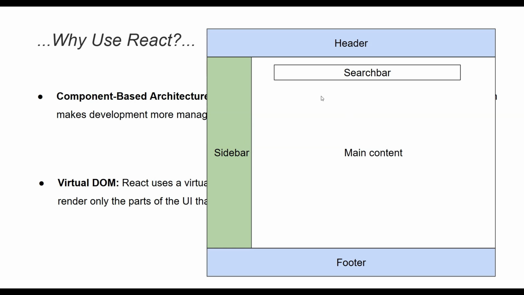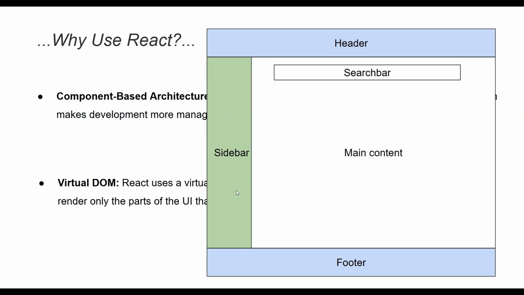Also, one of the good features of this is that by creating every functionality as a separate component, it helps us to control where different functionalities are being rendered. For example, in our application, maybe not every page needs a sidebar and not every page needs the search bar, right?